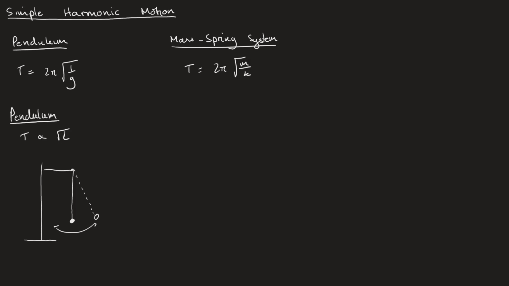Now, there are a few ways that you can actually investigate this relationship. The easiest way is to simply take multiple measurements for the time and multiple measurements for the length, so vary the length of the string, and this then leads us to be able to draw a graph, and that graph can tell us the relationship between these 2 variables.